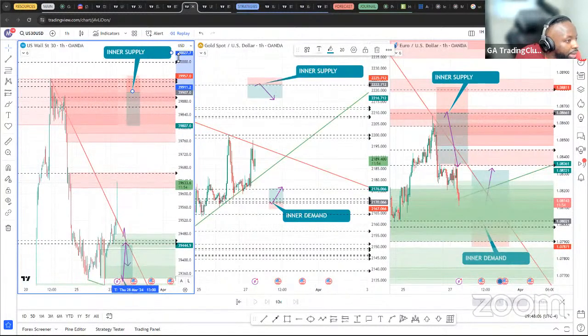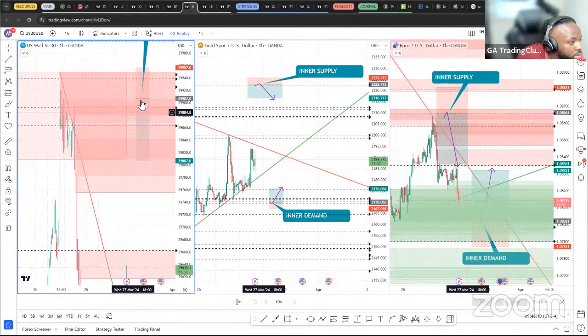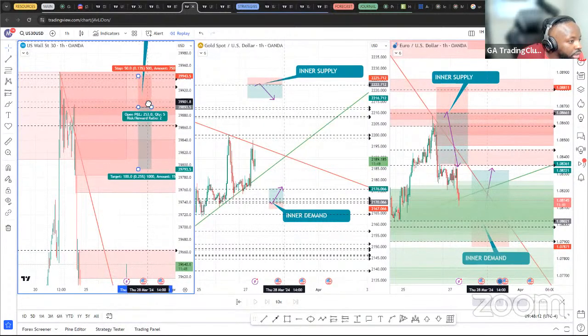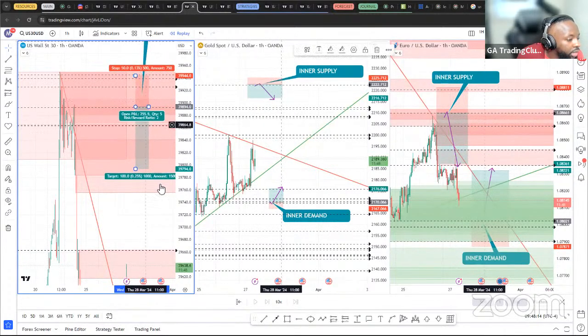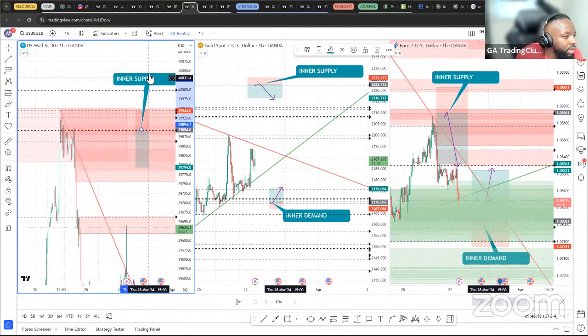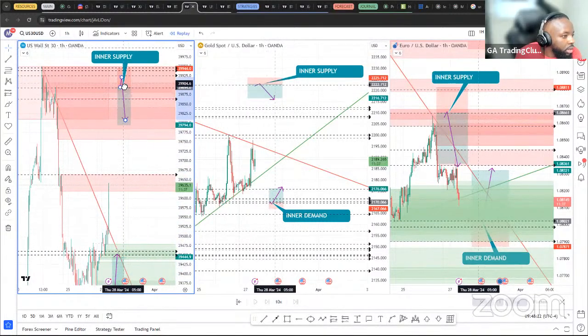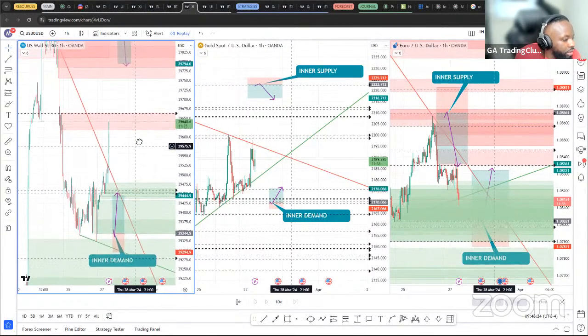This may come in later on, like mid New York. Actually, no, 39,894 area, which I already have an alert at previously. So that's the hourly for US30.